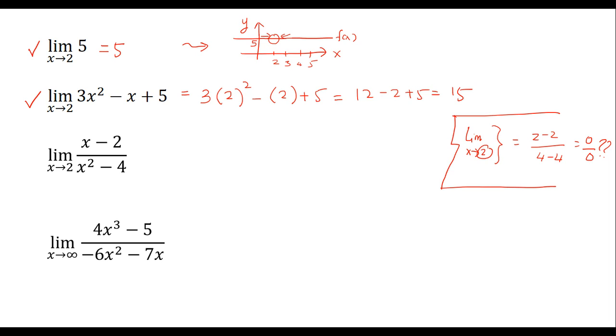But whatever happens, if you manipulate or change a little bit of this formulation, instead of just plugging in, you factorize the denominator. You know x squared minus 4 can also be written in this form, (x + 2)(x − 2).